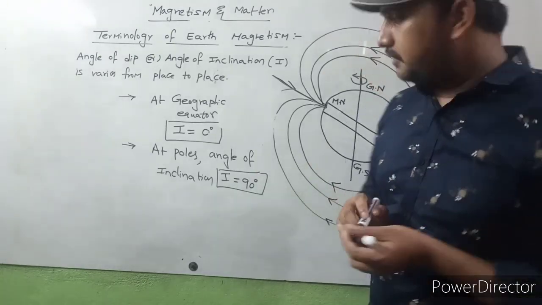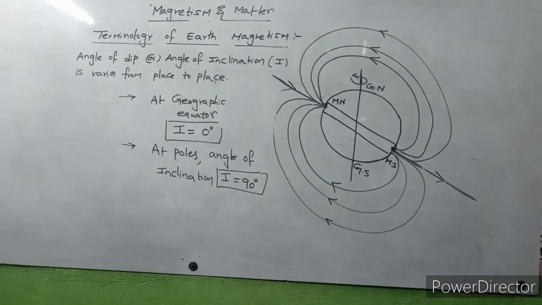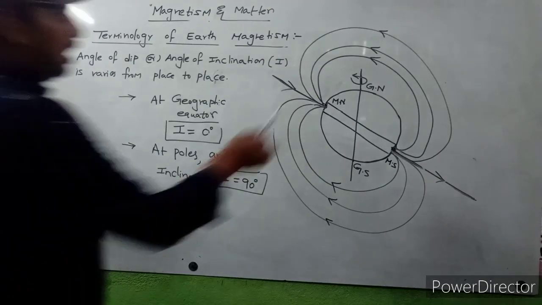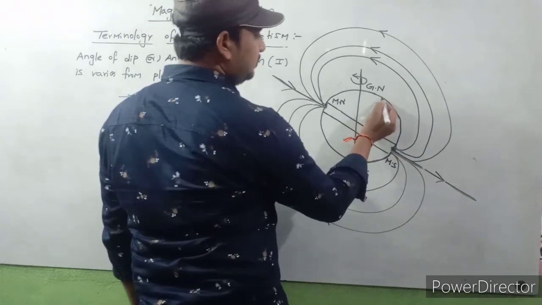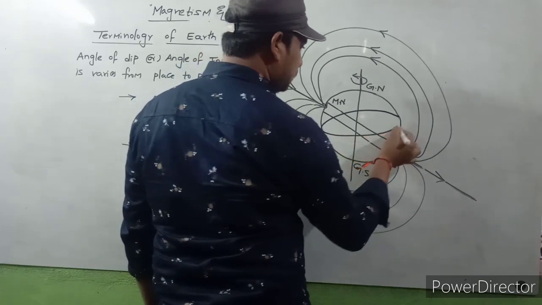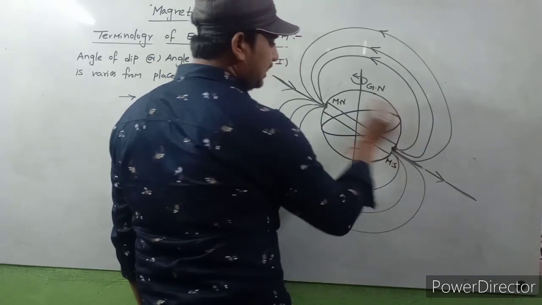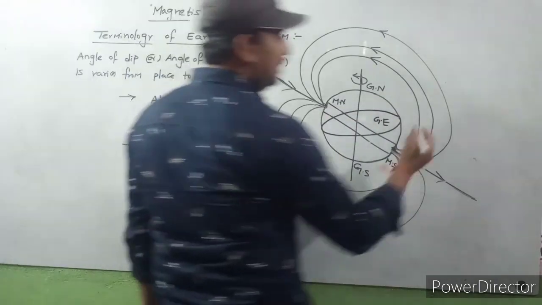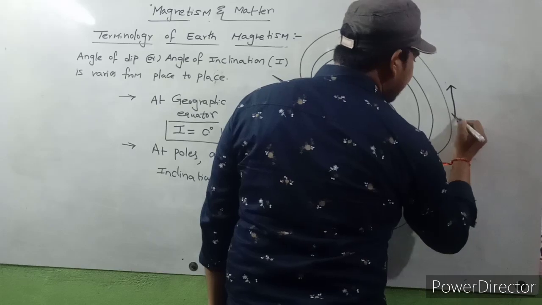Okay. So now observe carefully how the I value becomes 0 at the equator. This circle is called the geographic equator. That means if I place a magnetic needle here, it aligns in this direction. This is called the north pole of the magnetic needle. This is the south pole of the magnetic needle.